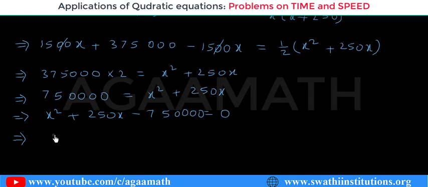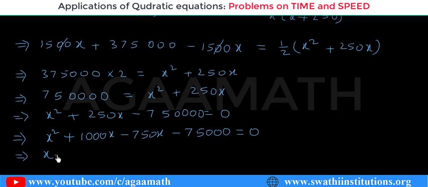Now if we factorize this, we get x square plus 1000x minus 750x minus 750,000 equals 0. Then if I take x common, x plus 1000, minus, if I take 750 common here, this is also x plus 1000, equals 0.